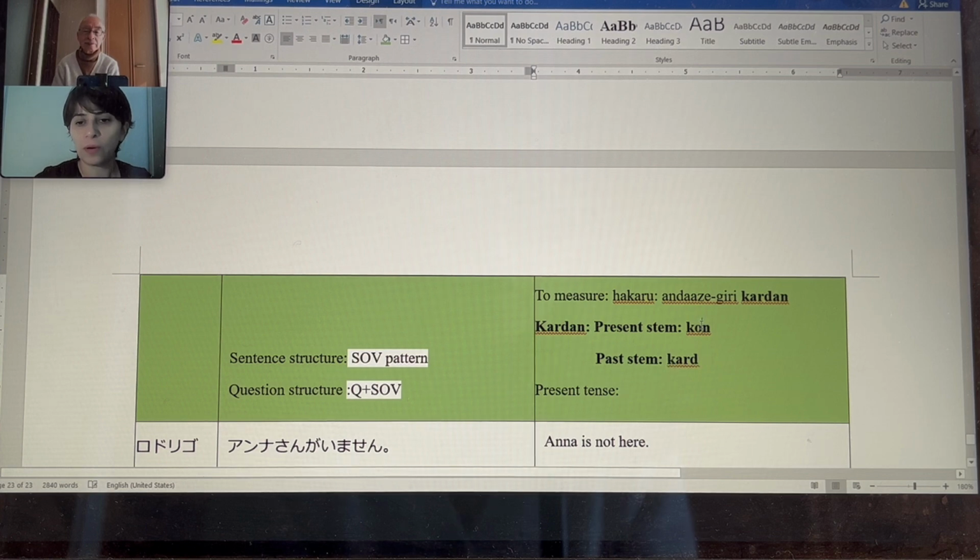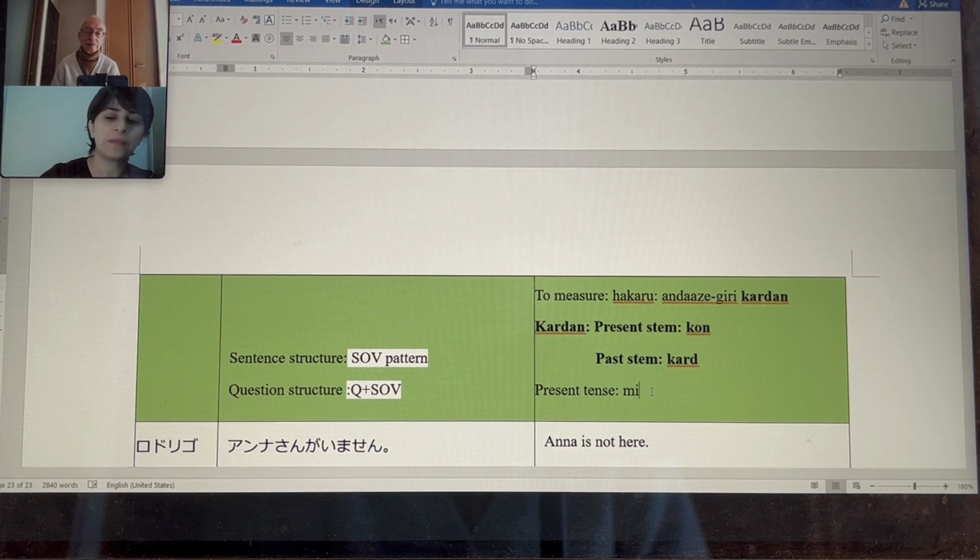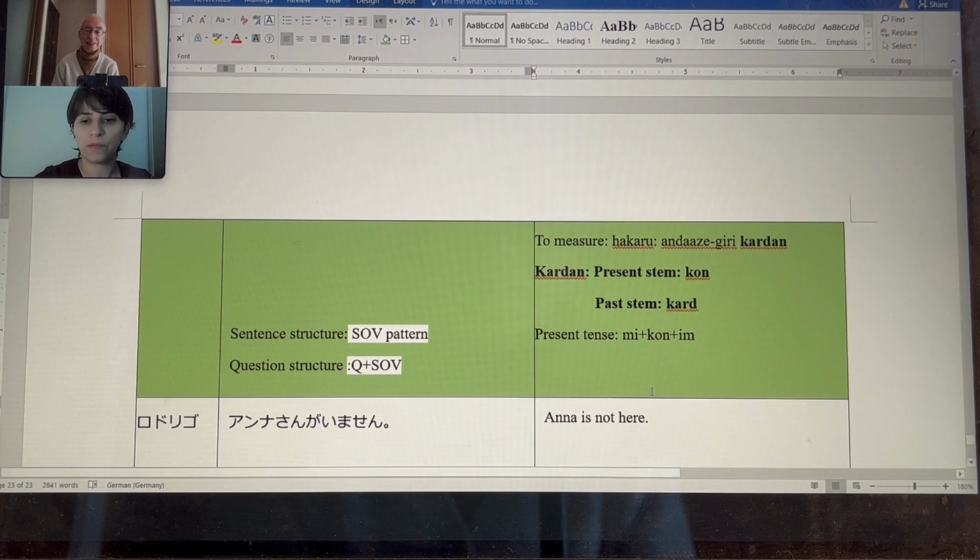Then you should add the personal suffix for conjugation of the verb. For the present stem you need kon. And for the present, basically we add mi to show that it is something continuous. Mi plus kon plus the personal suffix. Let's review it.